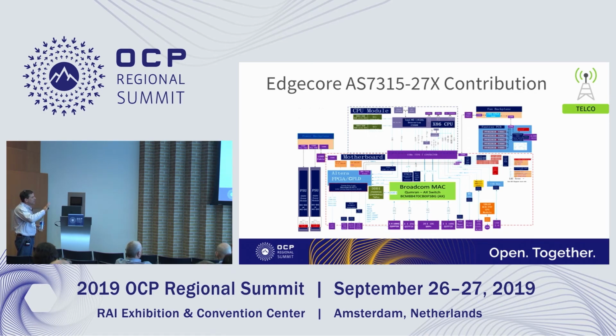Okay, so looking at a block diagram, again, it's very similar to the original OCP version in that it uses the same packet forwarding machine. It's a Broadcom Qumran AX chipset. Okay, it has an x86 CPU card. In this design, it's a COM Express Type 7 CPU card, whereas in the other one, it was an Edgecore standard CPU card design.